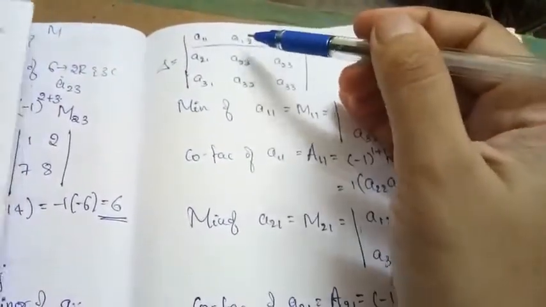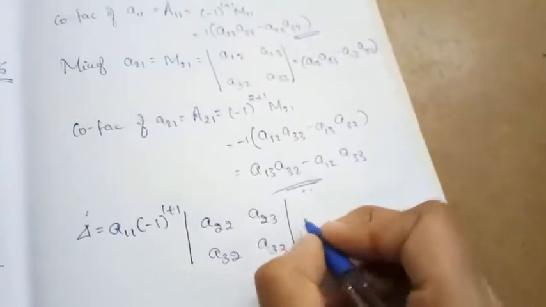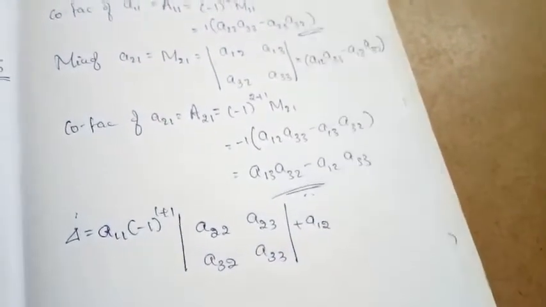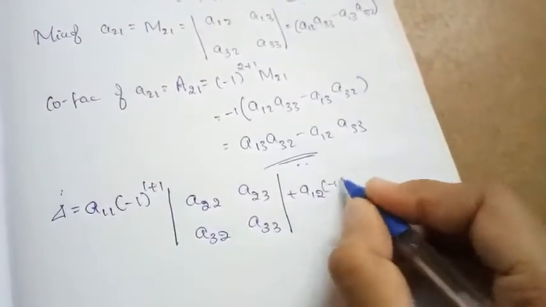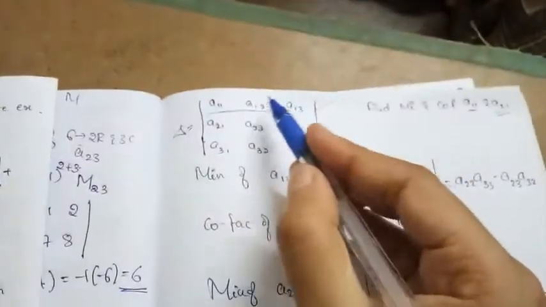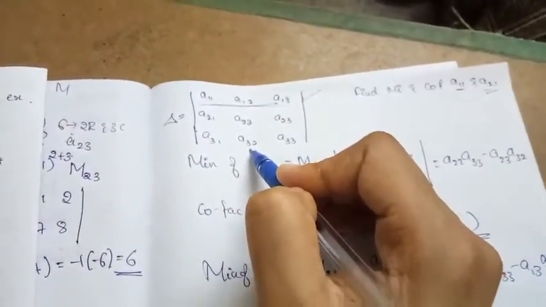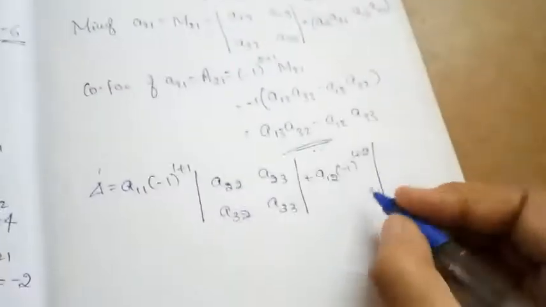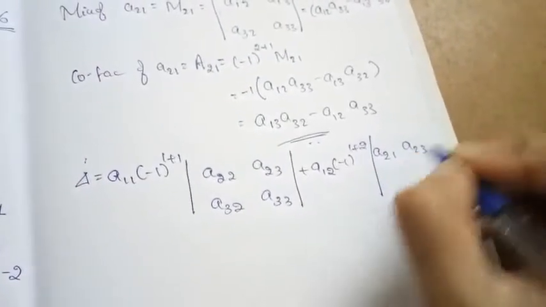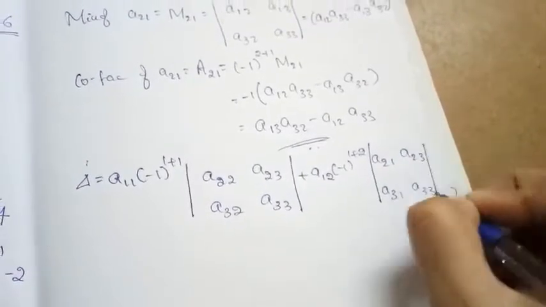Then the next one along row 1 is A12, so plus A12. After that minus 1 to the power 1 plus 2, times the determinant after deleting the row and column containing A12. So what are the remaining elements? That is nothing but A21, A23, A31, A33.